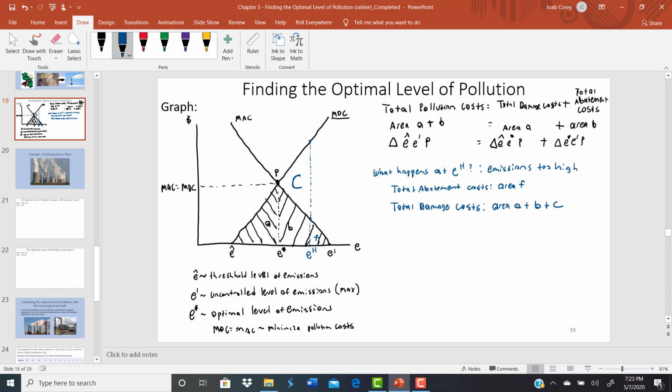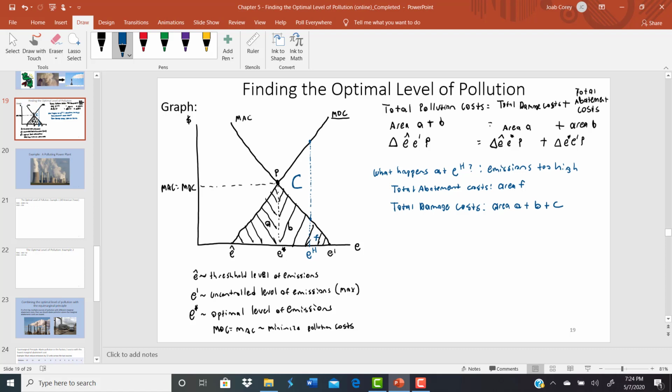That should make sense. We're abating fewer emissions, so our abatement costs are going to be lower. But our damage costs are going to be a whole lot higher, right? We're going from just area A to area A plus B plus C. And notice that the total area, when you add both of them together, is going to be much more extreme than it was when we were at the optimal number of emissions.